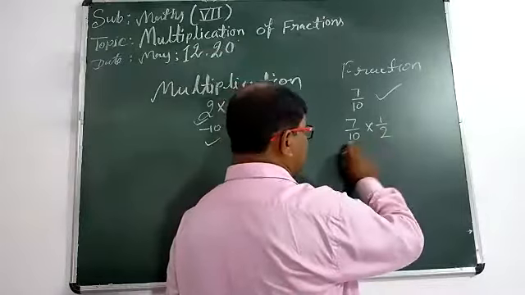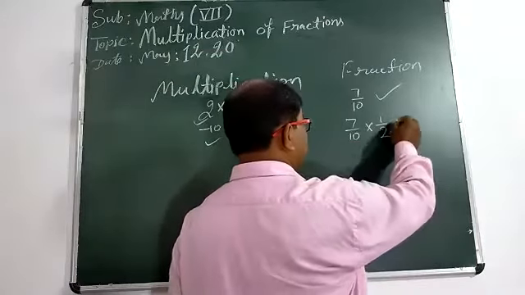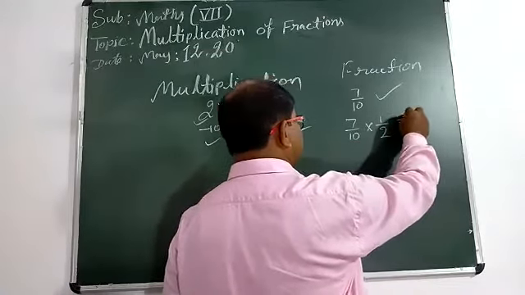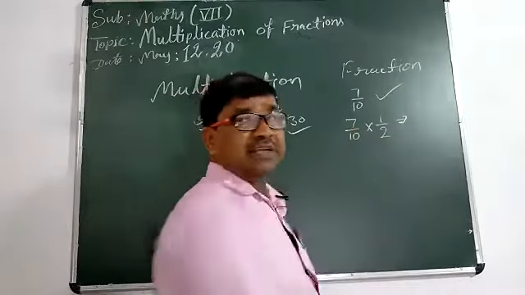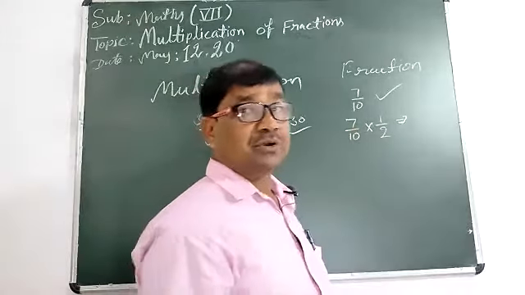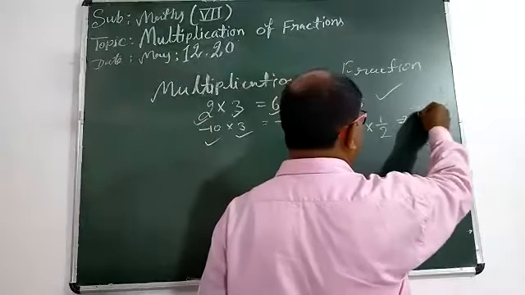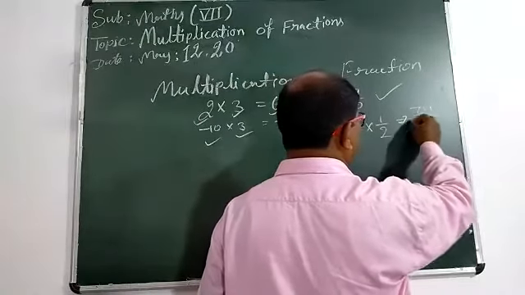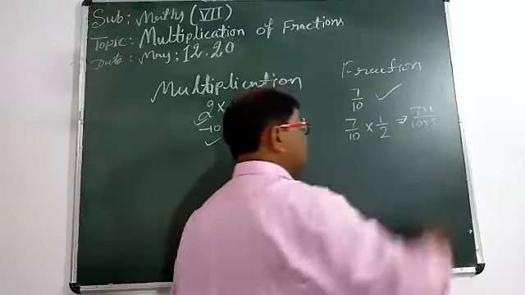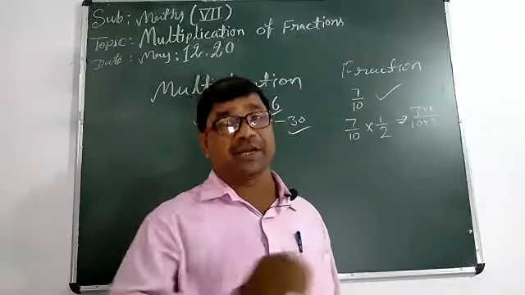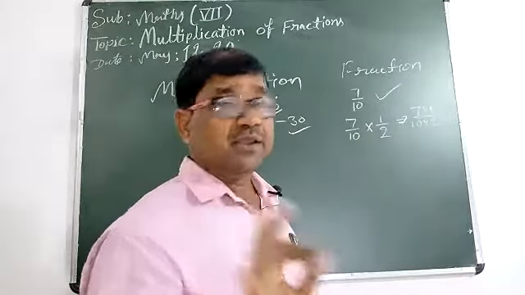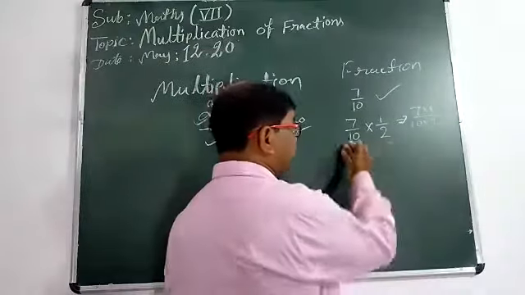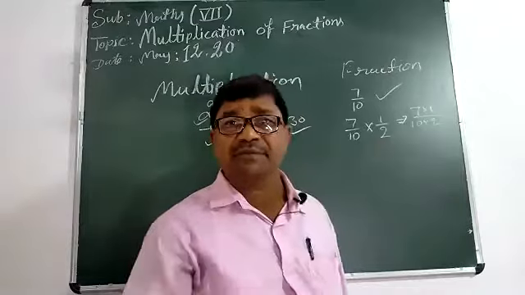In this way, you should try to multiply numerator to numerator. So 7 multiply 1 upon 10 multiply 2. Because you need the product. There are two things here: one is multiplicand, another is multiplier.